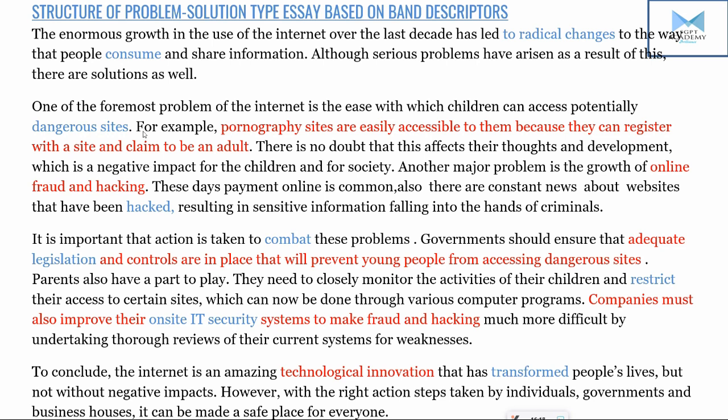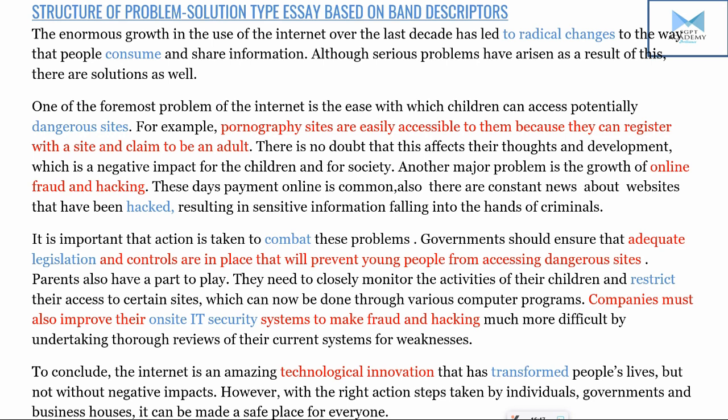So one body paragraph is the problem, and another body paragraph is the solution. And now let's see the conclusion. To conclude, the internet is an amazing technological innovation that has transformed people's lives. So this is the conclusive statement that technology has definitely transformed people's lives for the better, but not without negative impacts.